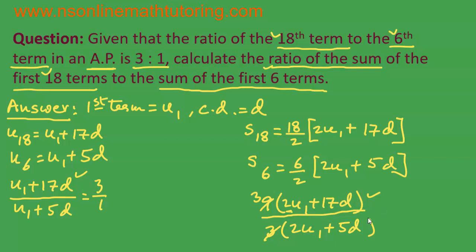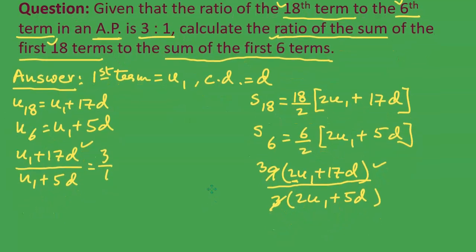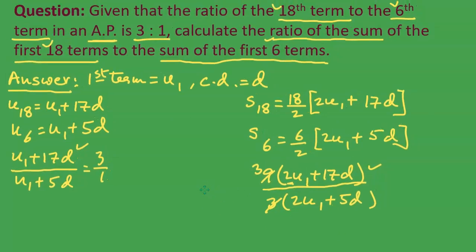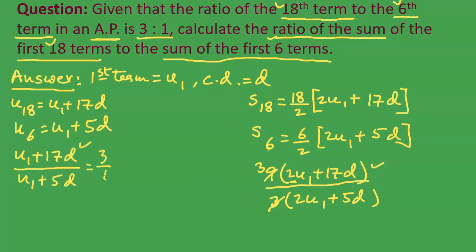Then what do we do? Okay, no problem. Let us simplify this part. I am cross multiplying. So it is U1 plus 17D is equal to 3 times U1 plus 5D. So 3 times U1 is 3U1 plus 3 times 5 is 15, so it is 3U1 plus 15D.